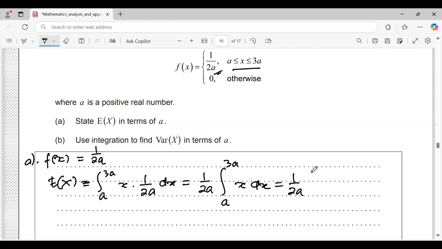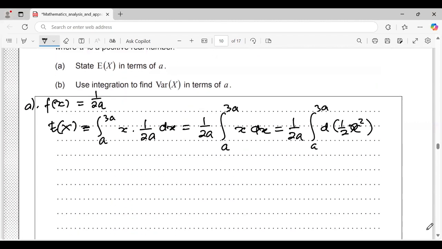Integral from a to 3a, the integral of x is 1/2 x squared. So it becomes 1 over 2a times 1/2.